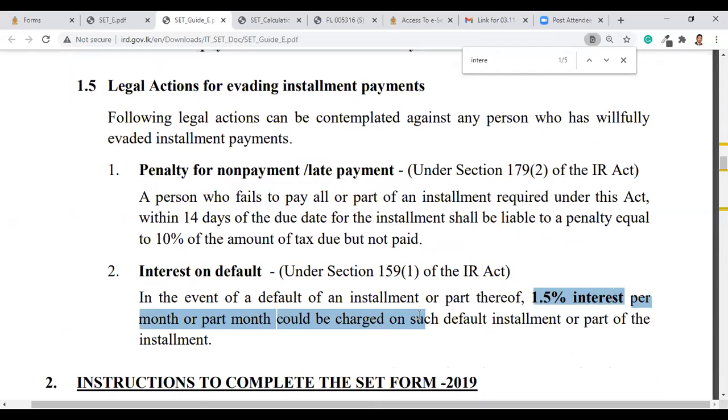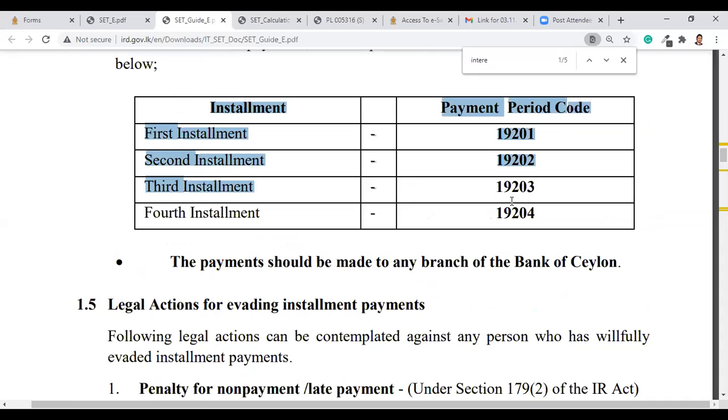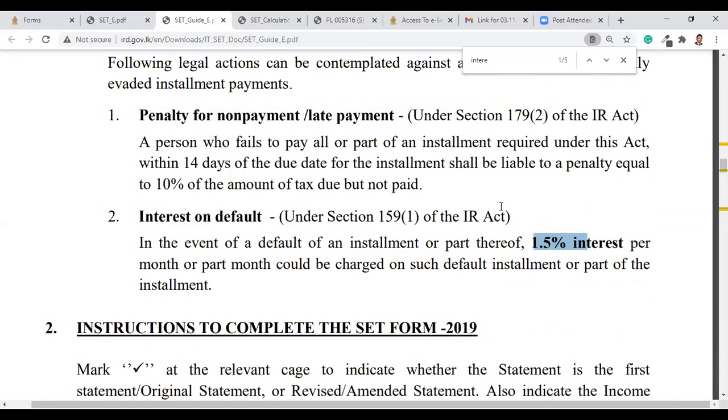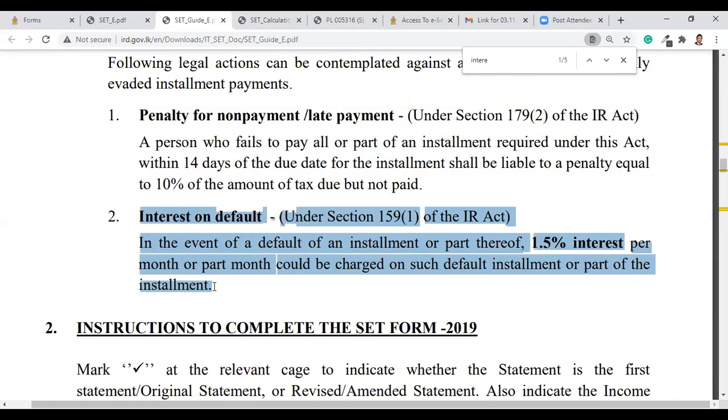Here for the installment payment, the 10% is the penalty on the tax amount, and additionally 1.5% interest. Even a person who failed to pay all or part of the installment, you need to keep the interest in mind.